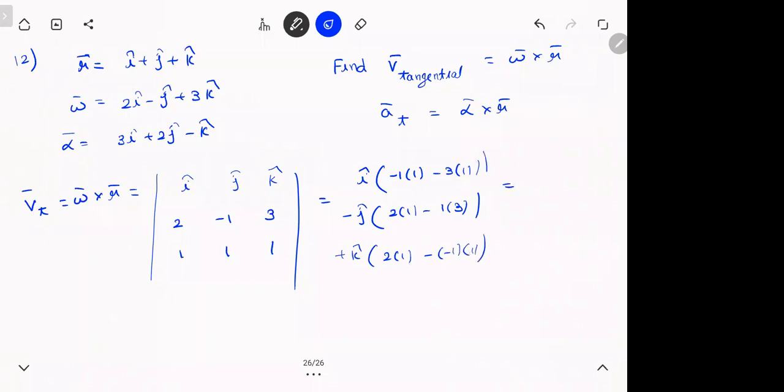So that would be minus 1 minus 3, minus 4i. 2 minus 3, minus 1 j. 2 plus 1, 3k. Check it out. This is what you should have got. This is how we do a 3 by 3 determinant. Now try for acceleration.